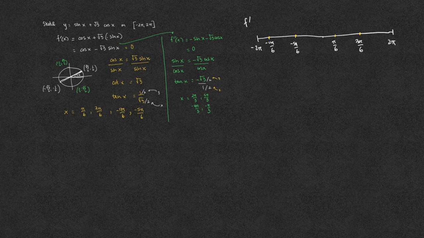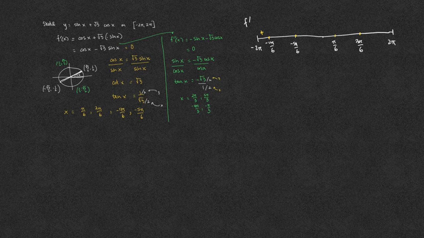For the first interval from negative 2 pi to negative 11 pi over 6, we plug in any number in this interval, such as negative 11.5 pi over 6, but any number will do. Plug in negative 11.5 pi over 6 into the first derivative, we see that the sign of the first derivative is positive in this interval.